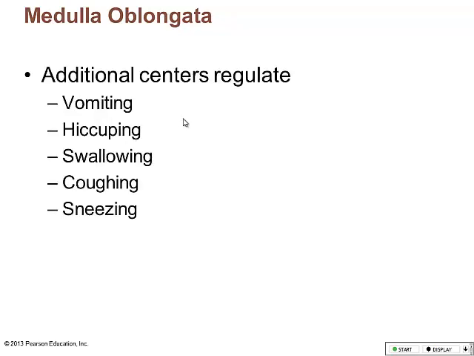Also, additional centers can be found here in the medulla oblongata. When we talk about the respiratory system, we'll revisit this list again. Vomiting, what's that? Yeah, reverse peristalsis. So we're pushing the tubes in the opposite direction, which isn't pleasant, yes? Hiccuping, swallowing, coughing, sneezing are all regulated here in the medulla oblongata.